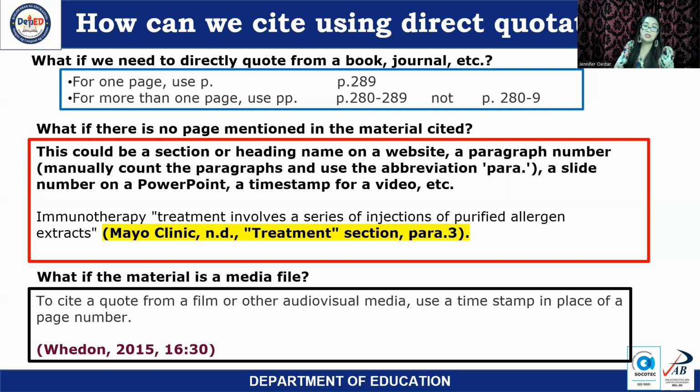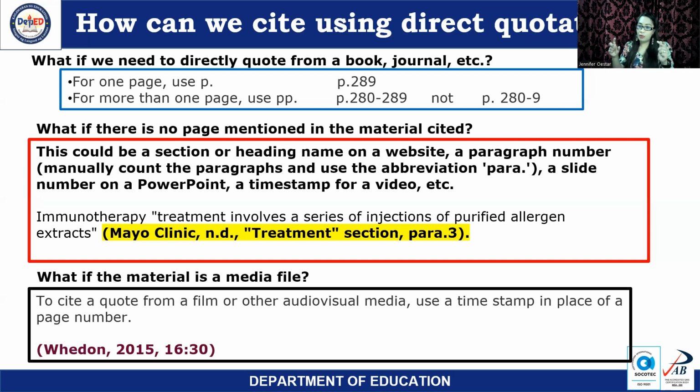Say, for instance, immunotherapy treatment involves a series of injections of purified allergen extracts. So where is the quotation? Treatment involves a series of injections of purified allergen extract. It's a directly cited series of words from the author.